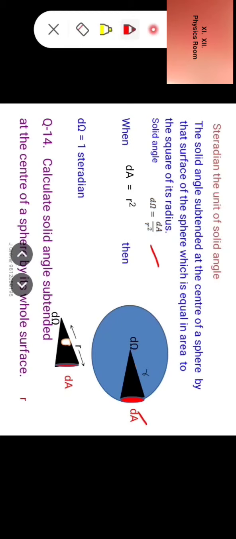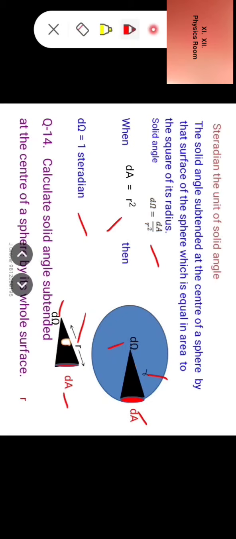So this is dA, this is r, and this is the solid angle subtended at the center of the sphere. Now when dA is equal to r square, then d omega is 1 steradian. So here you can see when dA becomes equal to r square, then d omega becomes 1 steradian.